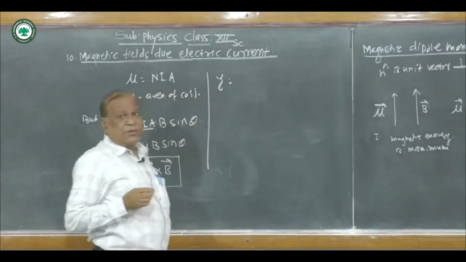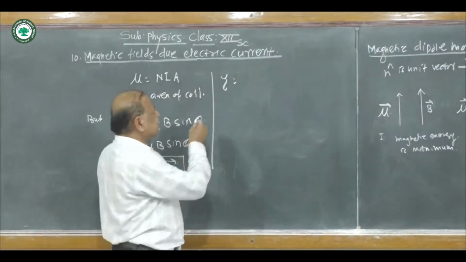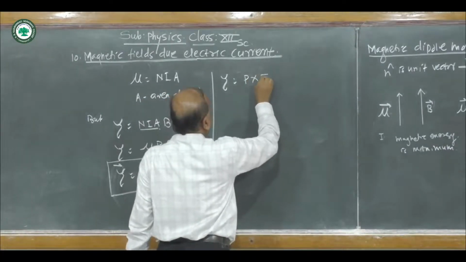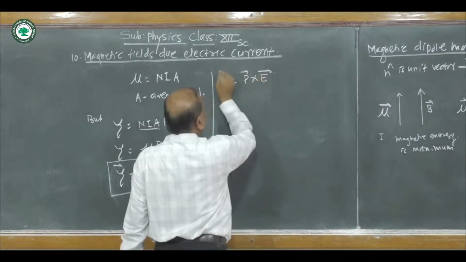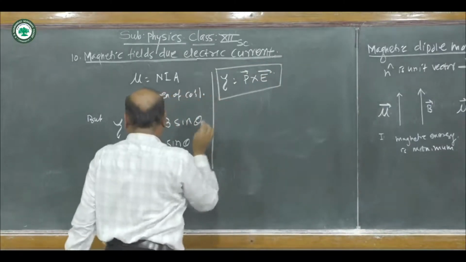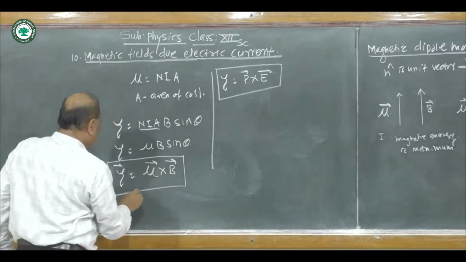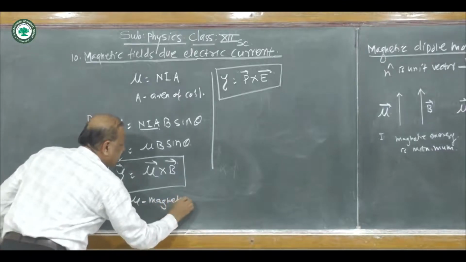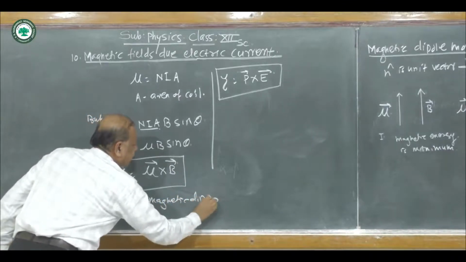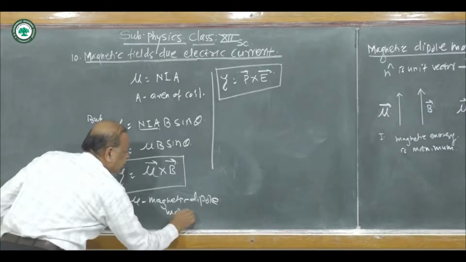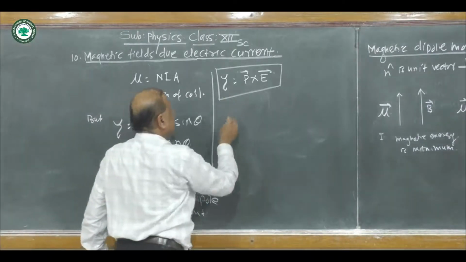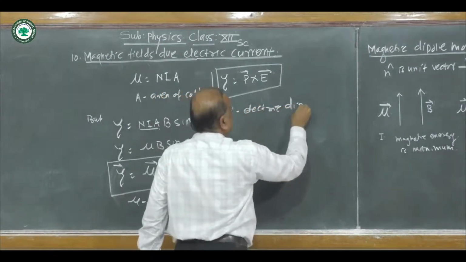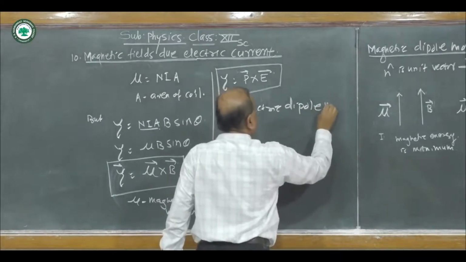In 11th standard we already studied that tau is equal to P cross E. Here P is the electric dipole moment and here mu is the magnetic dipole moment.